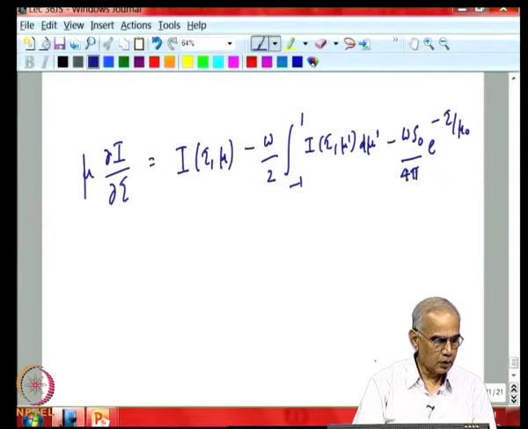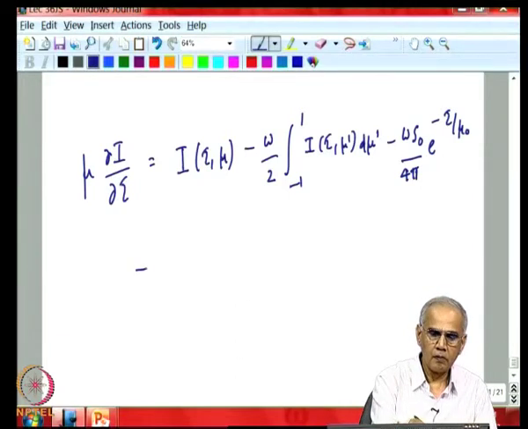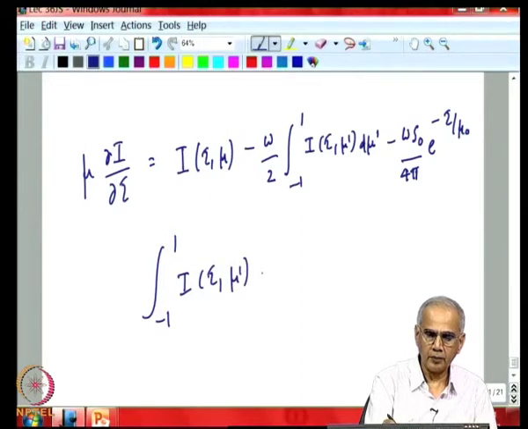So, we adopt the following strategy. We replace this integral from -1 to +1 of I(tau, mu prime) d mu prime by a simple quadrature.